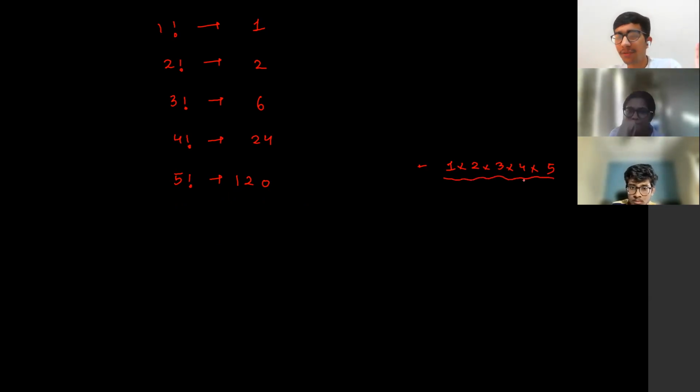Are you getting it? 7 factorial भी होगा तो 7 into 6 into 5 factorial, right? So in 5 factorial we are getting a term of 2 and 5. That means for every factorial after this we have a term of 10.